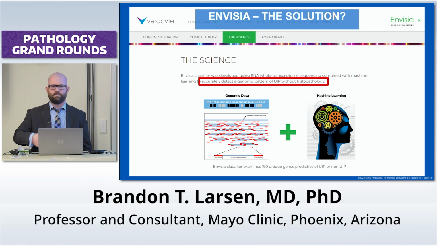Sort of the bronchoscopist gets a piece of tissue from a transbronchial approach, sends it off to this lab, they grind it up, and you get this binary result back. It's either UIP or it's not UIP.